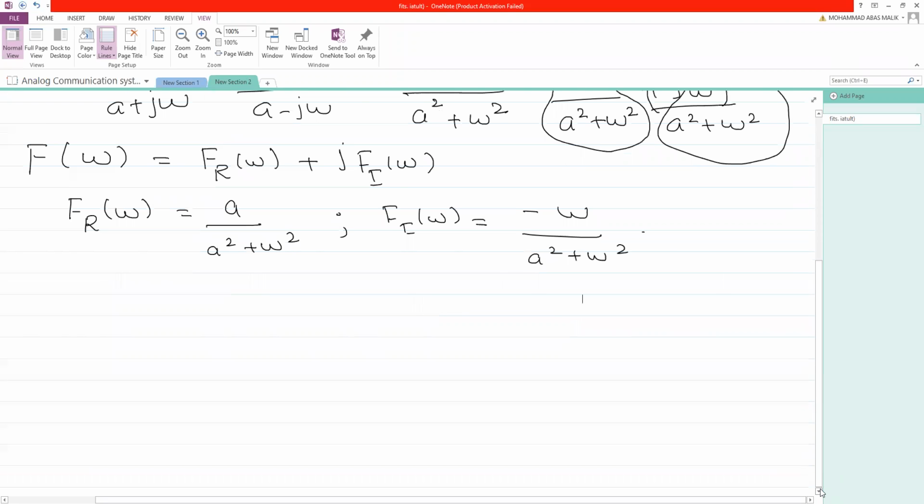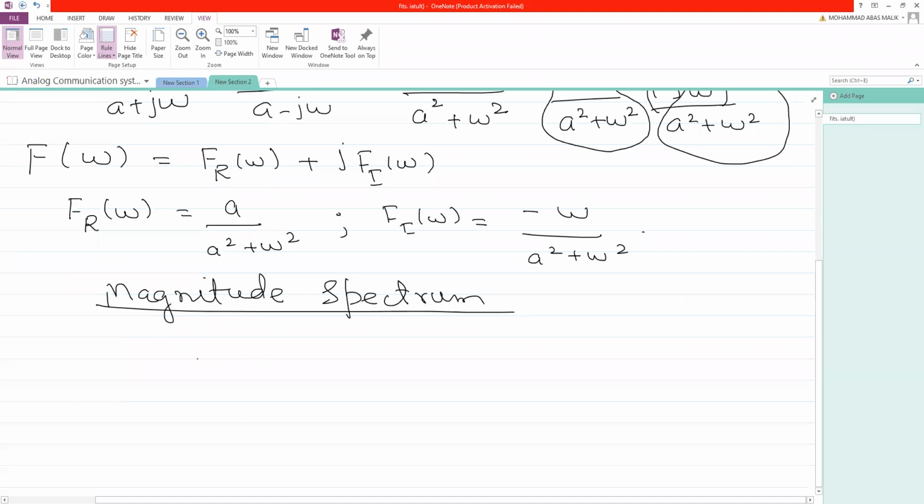So this is a real part of this Fourier series and this imaginary part. Now, first of all, I will try to draw the graph of magnitude spectrum. Magnitude spectrum will be magnitude of F omega, simple, and this versus omega. This is the first graph that you will draw.